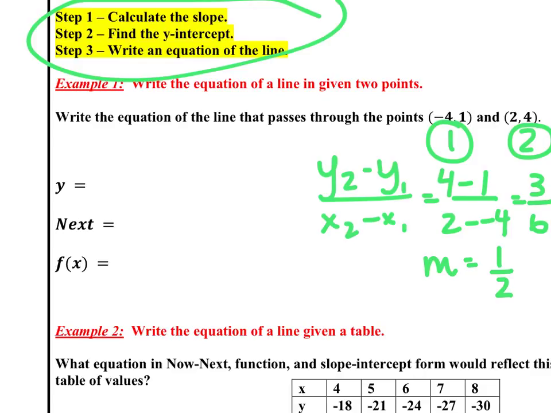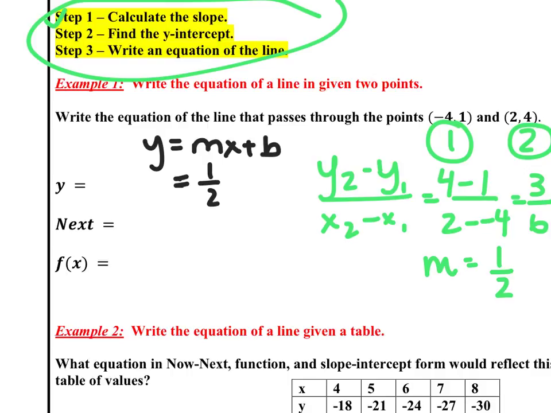Now we need to find the y-intercept. So we're going to do the same thing we did yesterday. We're going to write out our equation. So y equals mx plus b, and we're going to solve for our y-intercept. So I know my slope is 1/2. So I put that in for m, and then I choose a point to use for x and y.